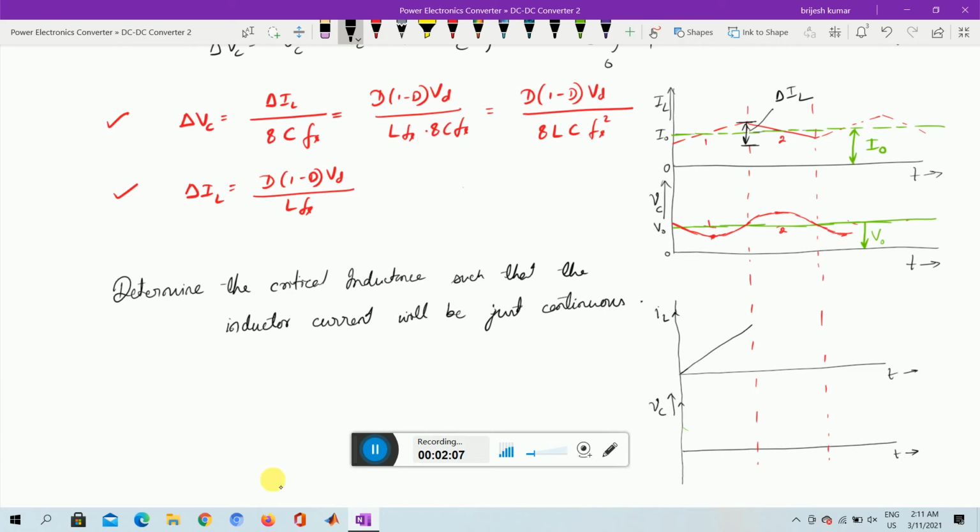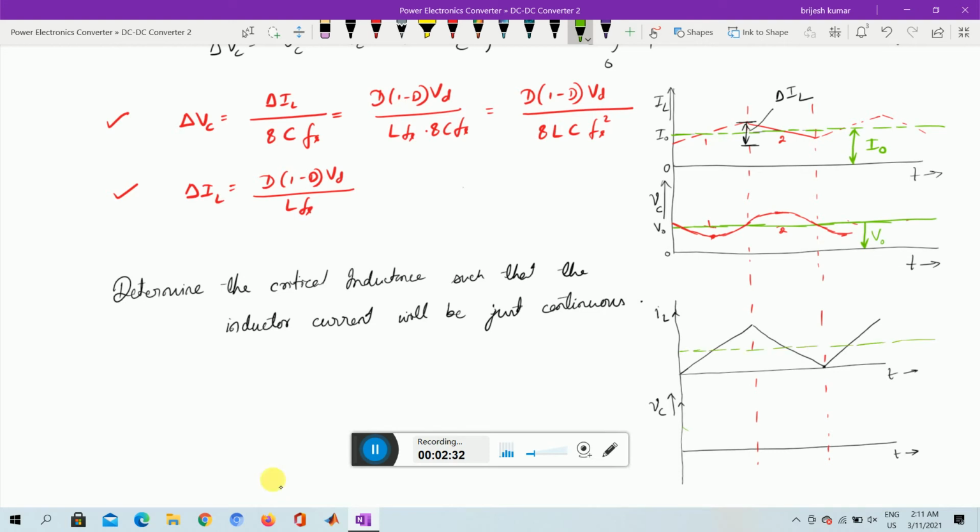Let us say it is rising to a certain value starting from 0, and during the off time, it is coming back again to 0, and like this it will proceed. So we can say the average current over here is this line.